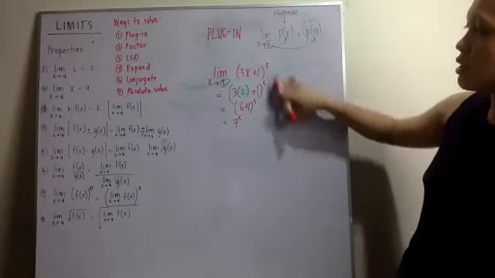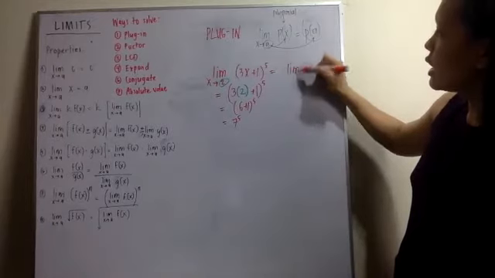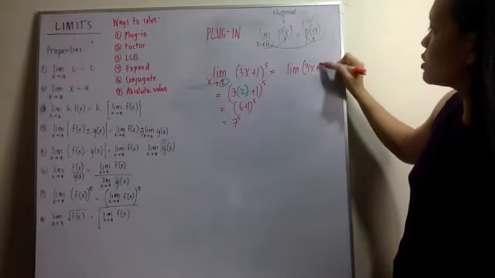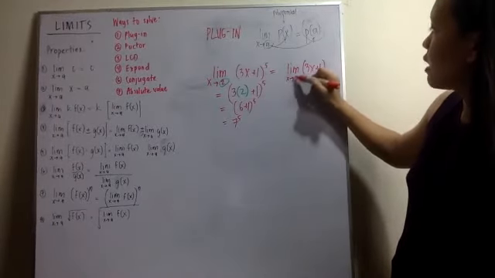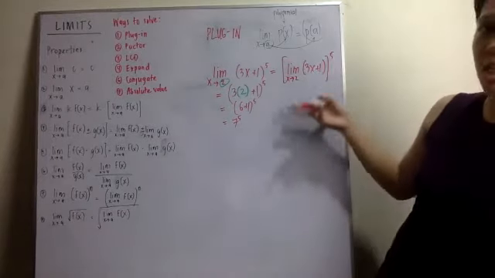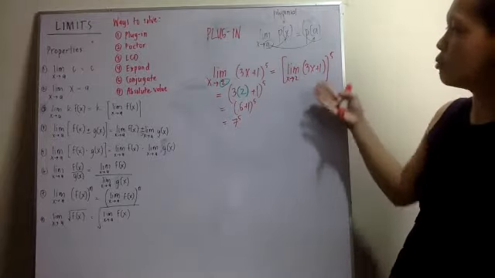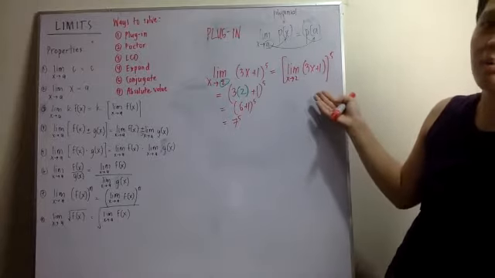Okay, or another way to think about this is equal to the limit ng 3x plus 1, x approaches 2, raised to 5. Actually, ito yung mas tama. Technically, if kailangan mo ipakita yung buong solution, ito muna yung pagdadaanan mo. Okay?